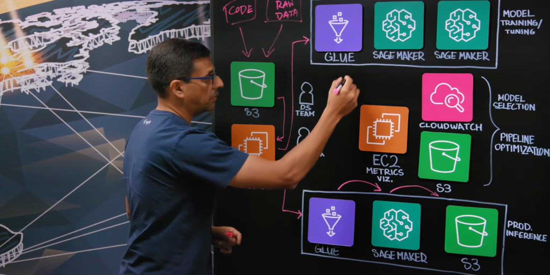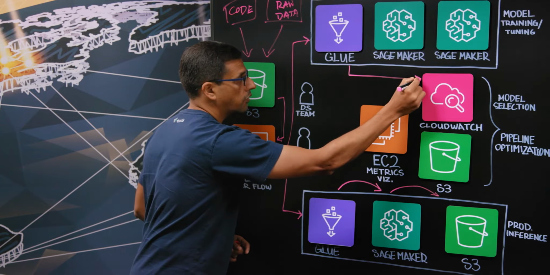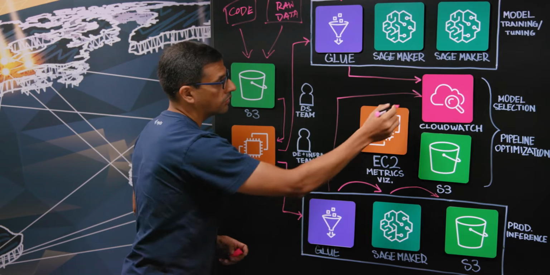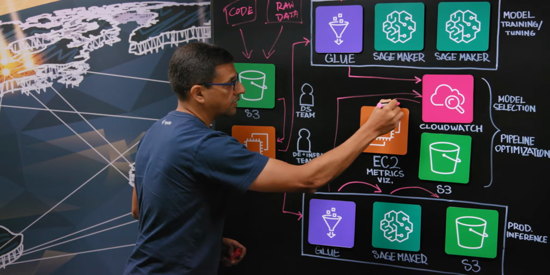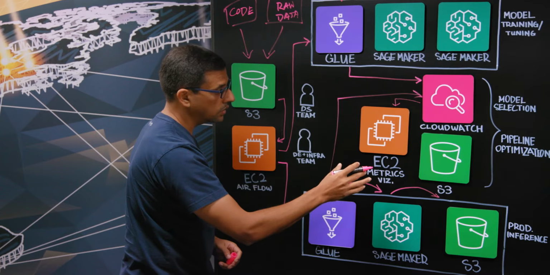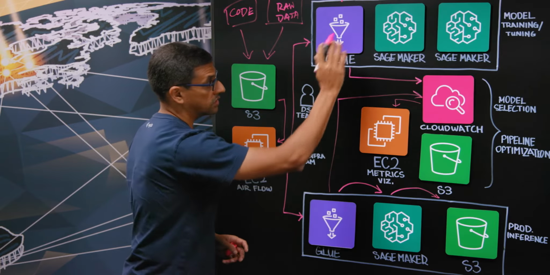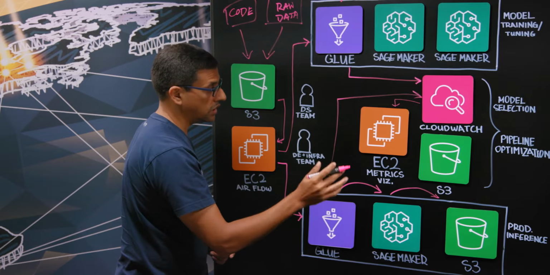Okay. And in the middle over here, we have model selection and pipeline optimization. So both of these pipelines push their performance and operational metrics into Cloudwatch, from where we have an internal metrics visualization tool, which we run on EC2, that helps our data science teams figure out what is the right model to push into production for each use case.